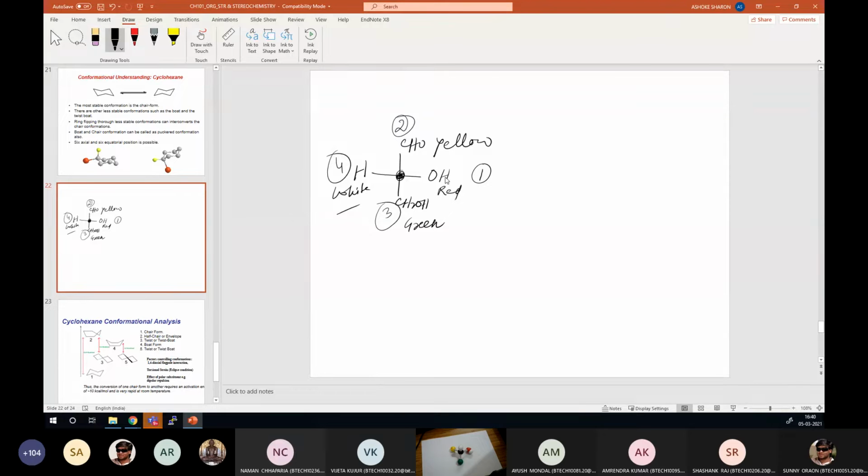It's anti, so it's R. So it's R. Why? Because it's anti, but hydrogen is towards you.